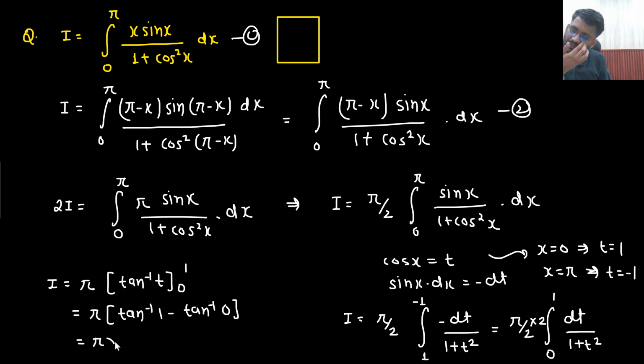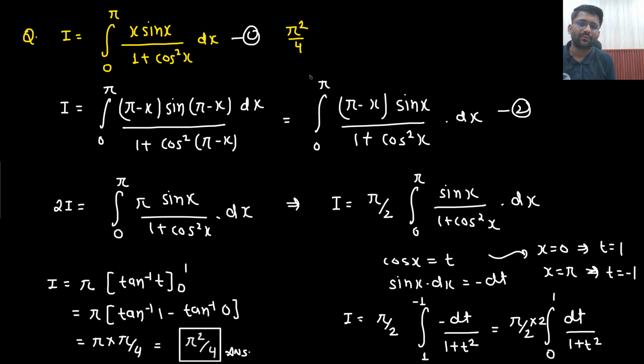What is tan inverse 1? That is pi by 4. So the answer is pi square by 4. That's the answer, pi square by 4.